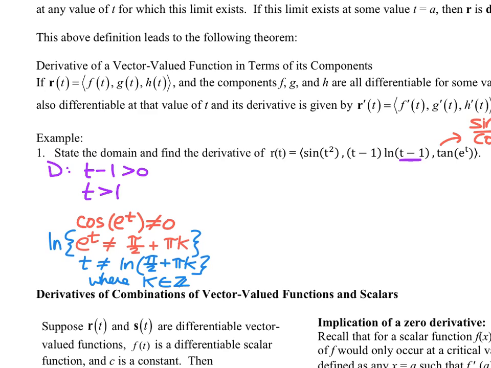So all through this mess, we have addressed the restrictions on this function. All right, it will not exist for any value of t 1 or below, and then also anywhere where I have a natural log of pi over 2 plus pi k that falls in this interval, that's also going to be restricted.